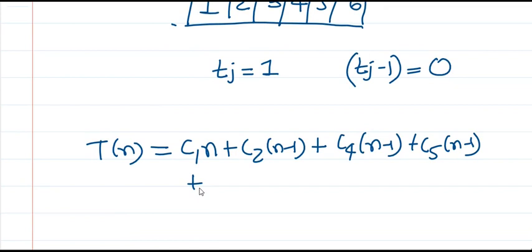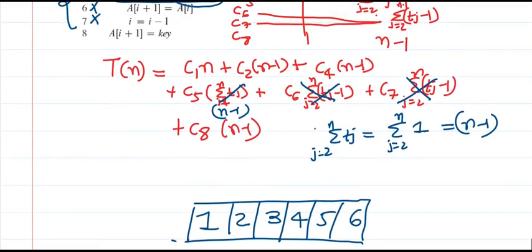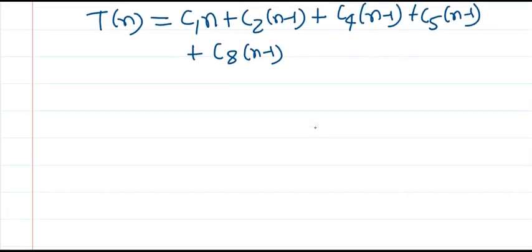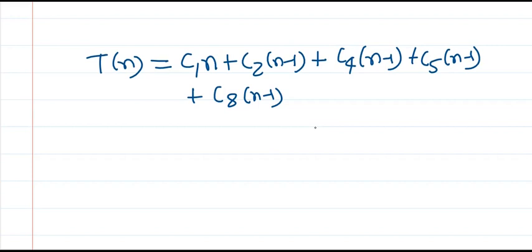We don't need to write down terms 6 and 7, and the last term is c8 into n minus 1, as you can see here. So this is the time taken by the algorithm corresponding to the best case.